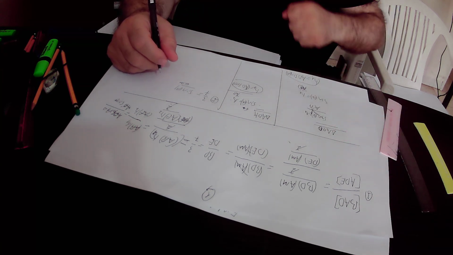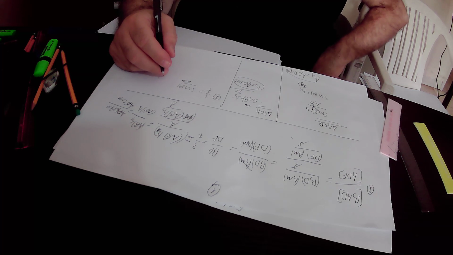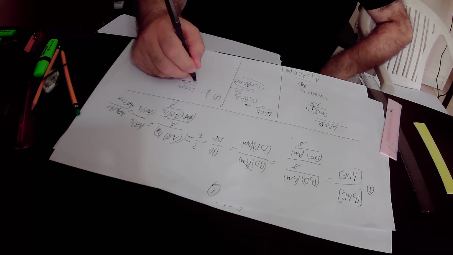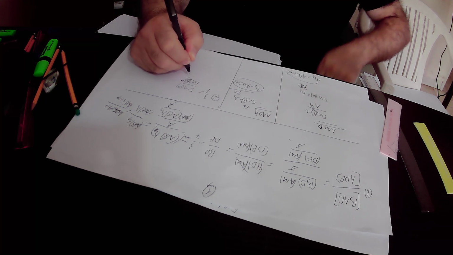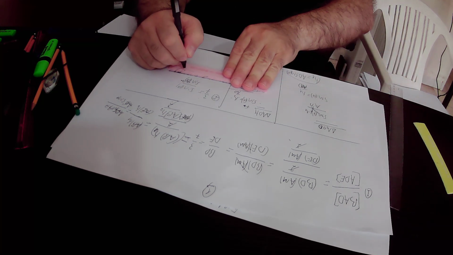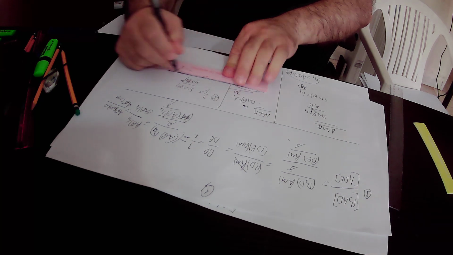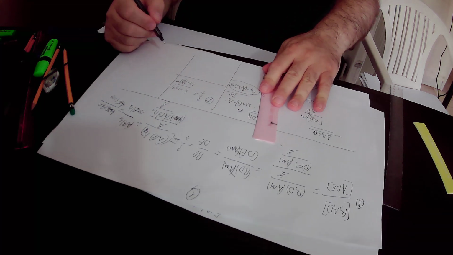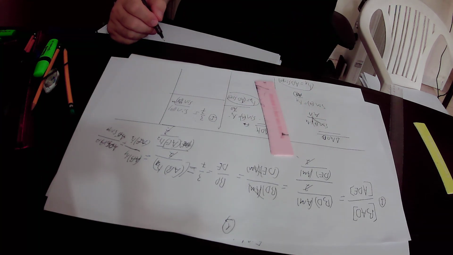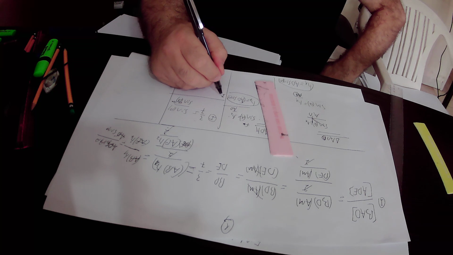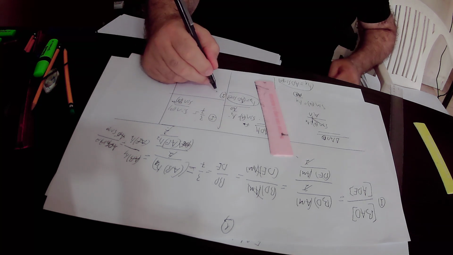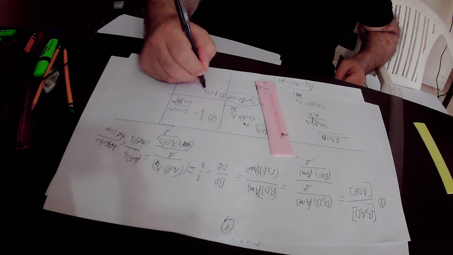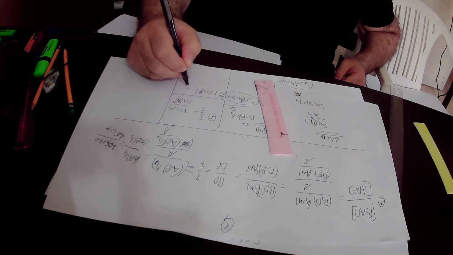Here we will cross multiply equation number 1, and we get that 3 times sinus alpha equals 7 times sinus theta.